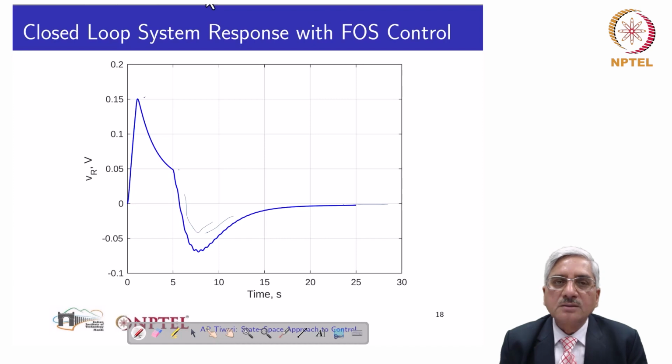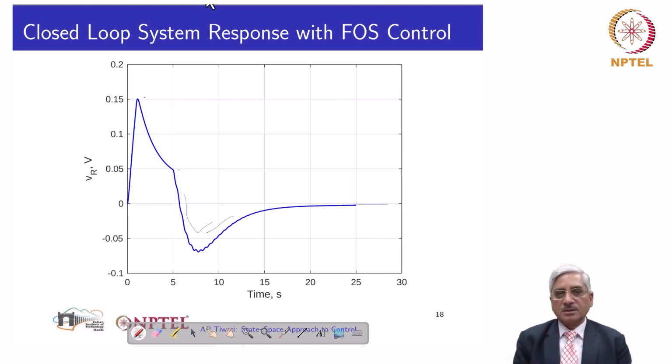Now we have seen 3 types of controllers: the linear output feedback controller, the periodic output feedback controller, and the fast output sampling based controller. And we see that because that periodic output feedback controller gave a lot of fluctuations in the control input, it is not a very desirable controller.